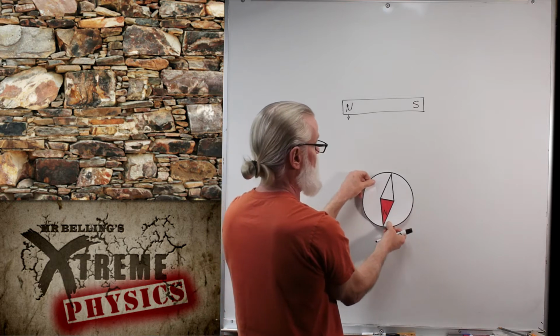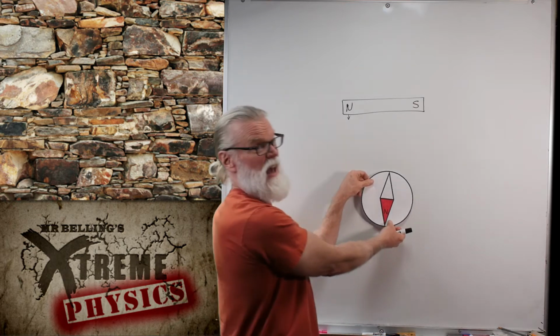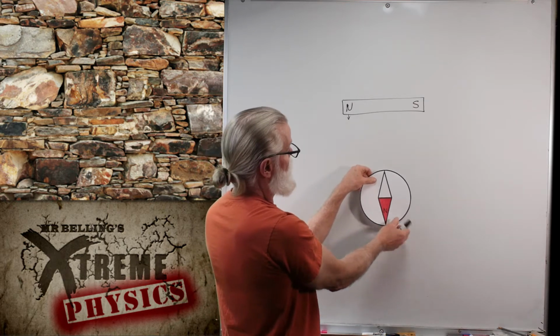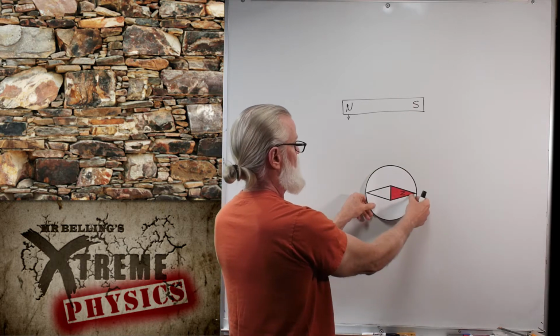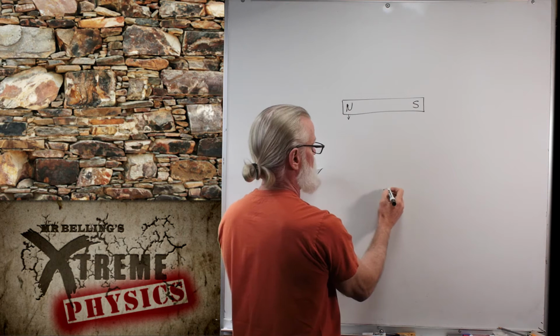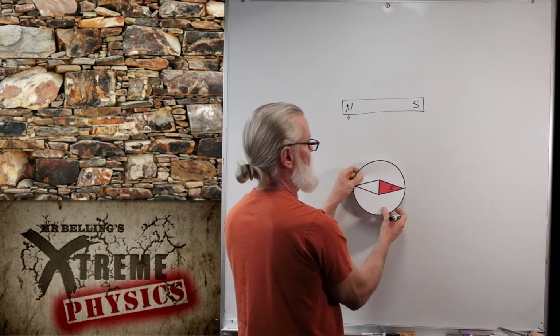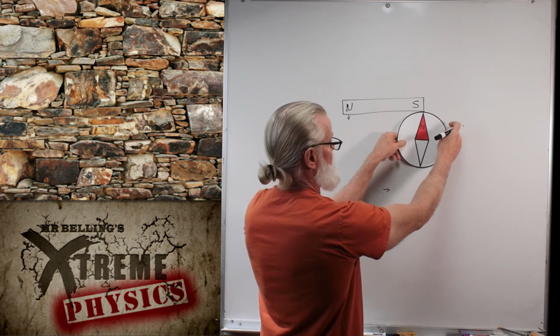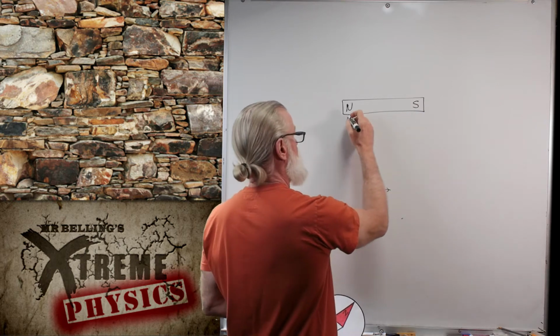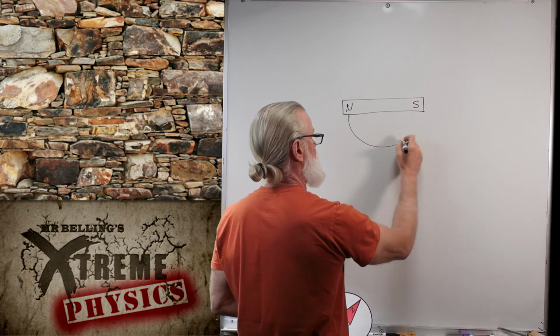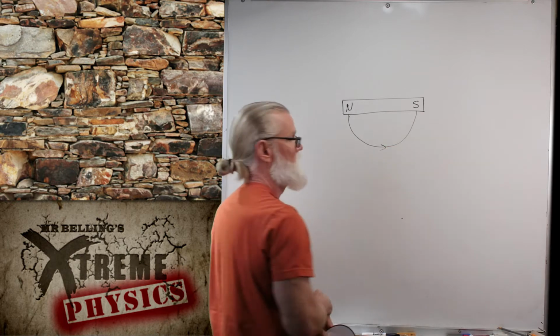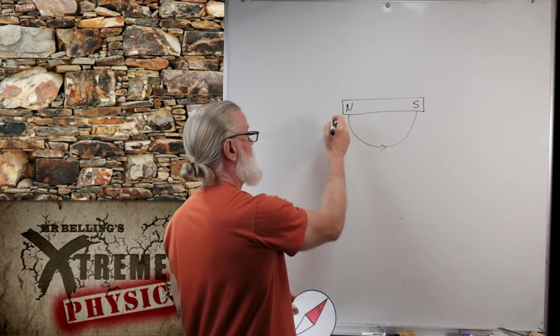Now, if I put my compass here, what would happen? Well, north attracts to south, south attracts to north. So it would turn like this. So we would kind of point that way here. And then if I brought it here, it would point like this. So we end up with a field kind of like this, going like that.